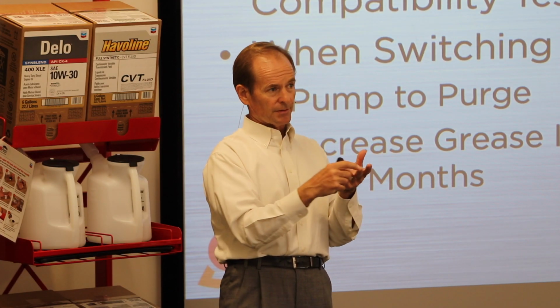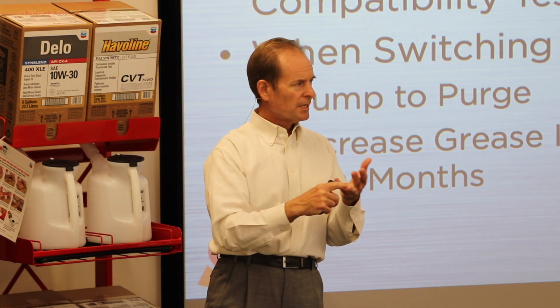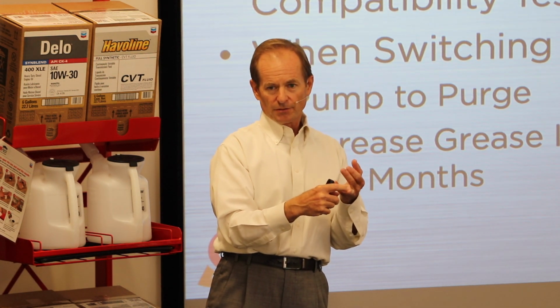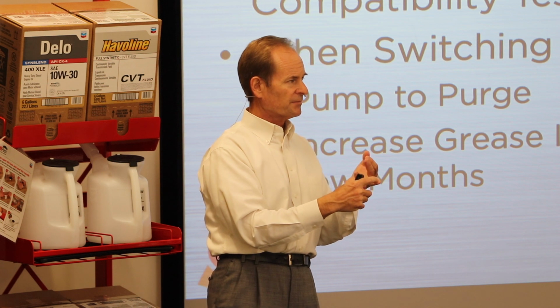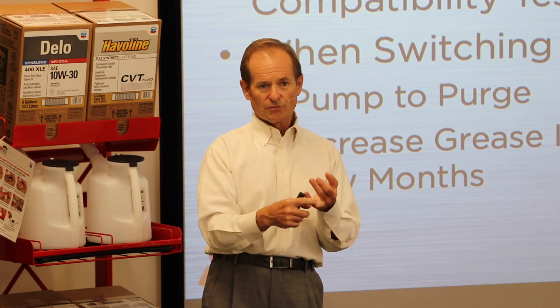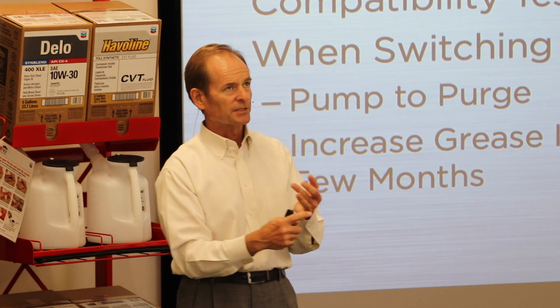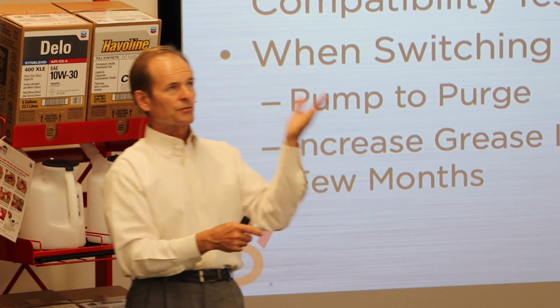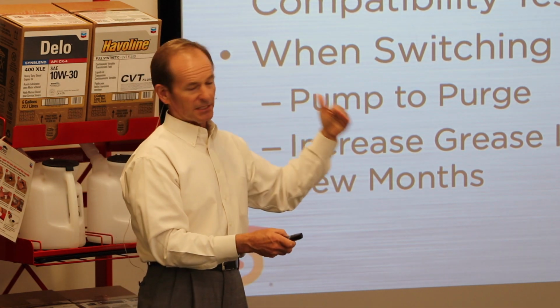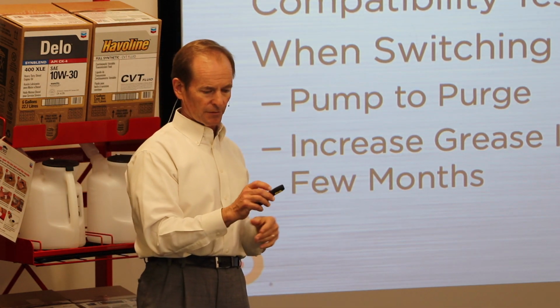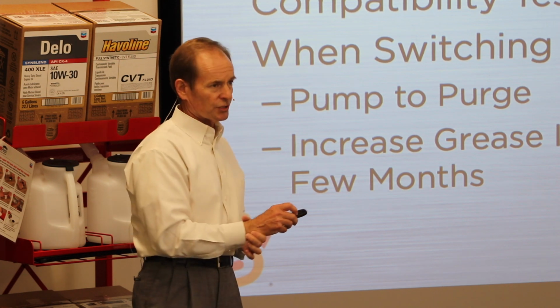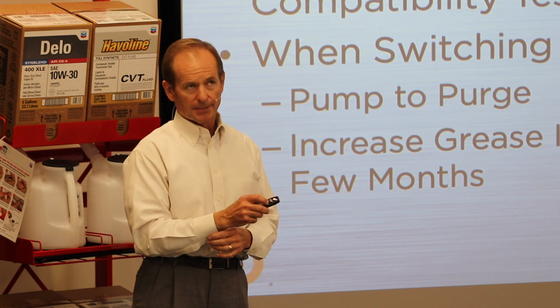Okay, so you're getting more of the mixed stuff flushed out. And two, you get your eyes on it a lot sooner, a lot more frequently, to see if there's something going wrong, if something doesn't seem right, if it's running too hot or noisy or something like that. All right, so you increase your grease interval for a little while and taper your way back to your old grease interval. So that's a way of doing a conversion if you're concerned about compatibility.